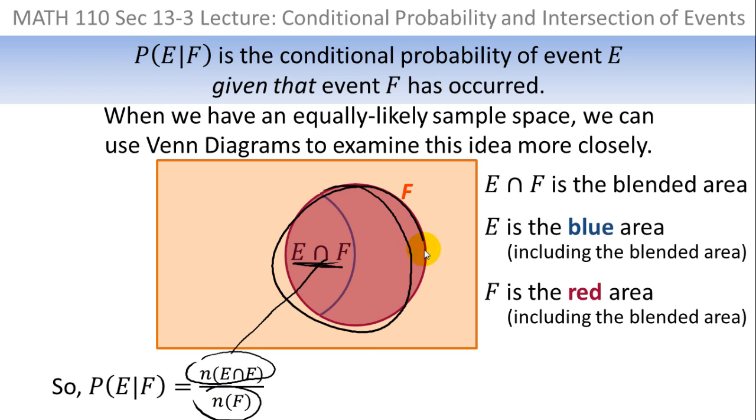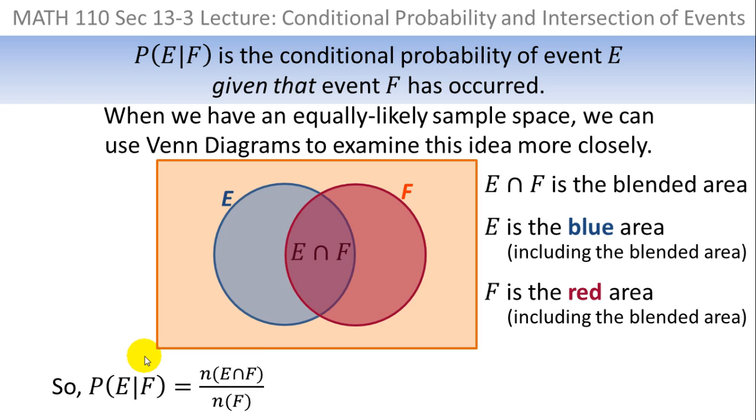We know F occurred, so the whole sample space now is the circle F. So the probability of E given F is the number of elements in the overlap of the two circles divided by the number of elements in the circle representing the event that's given, the thing that's already occurred.